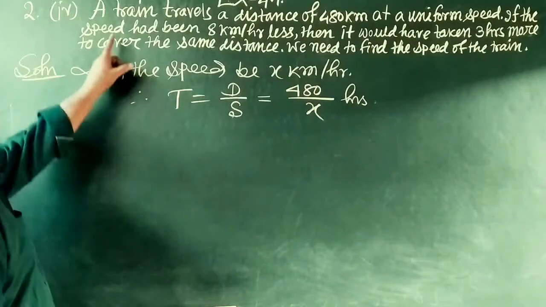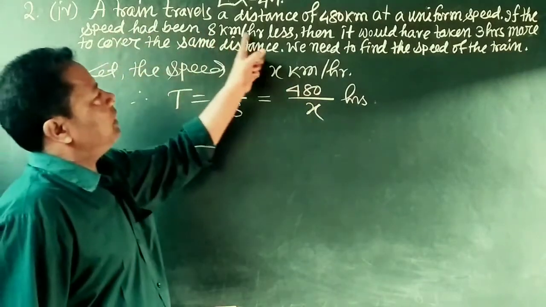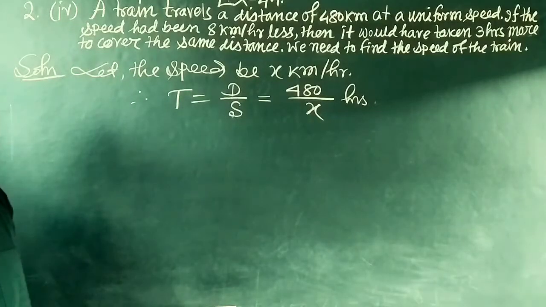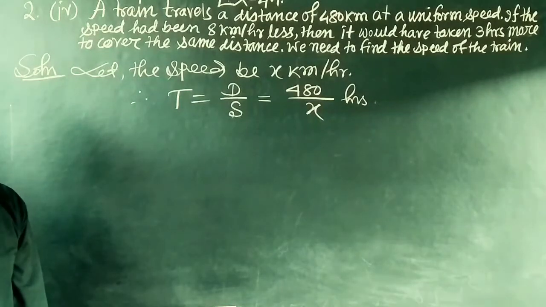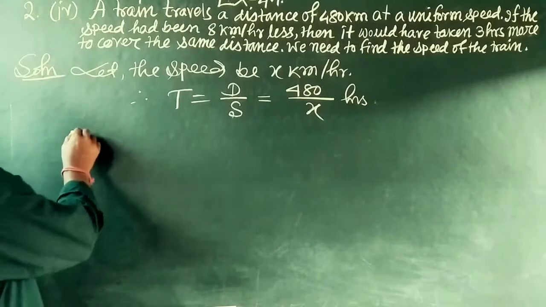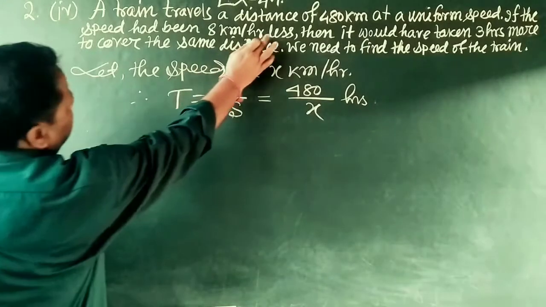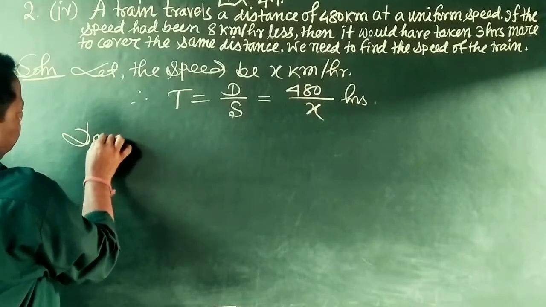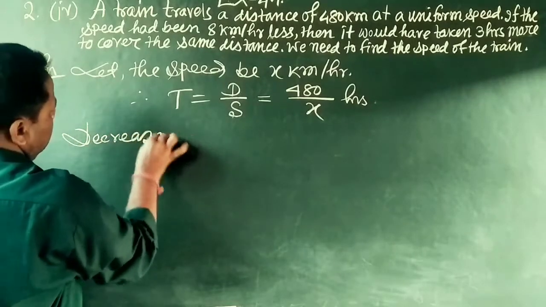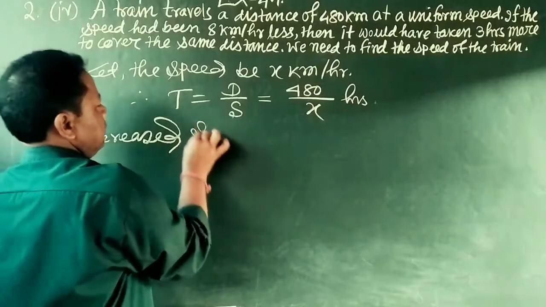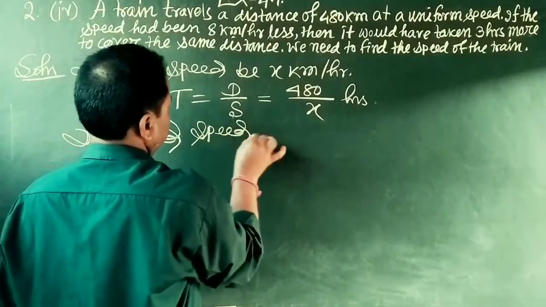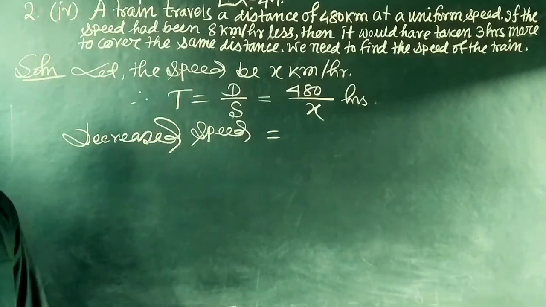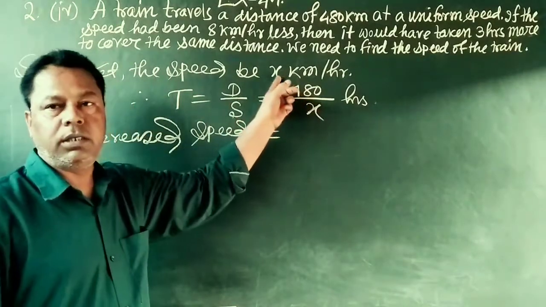Now if speed is 8 km per hour less, then it will take more time, right? Here speed is decreasing. How much? 8 less than the before speed which was x.